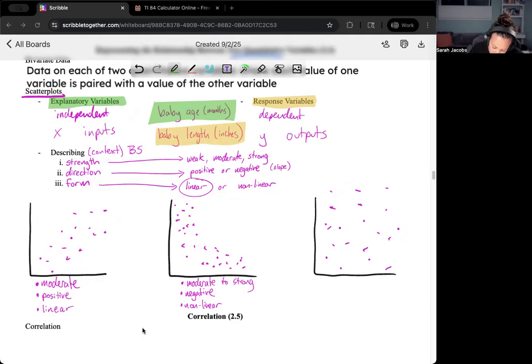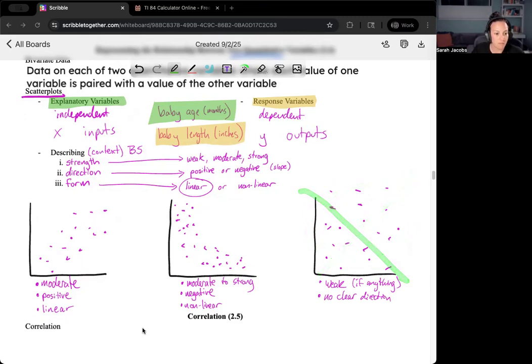Finally, last but not least, who knows what's going on here? I would call that very weak, if anything. I don't even know if we're entering the gym here, much less lifting a barbell. There's no clear direction, right? It makes just as much sense for me to draw that line as it does for me to draw that line.